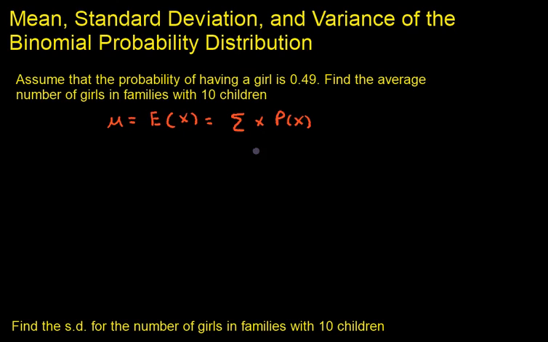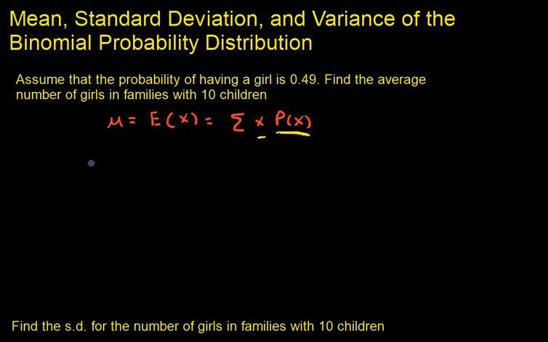So in order to use this, we would need p of x, and we would need a table that shows all the different values of x and all the different values of p of x.